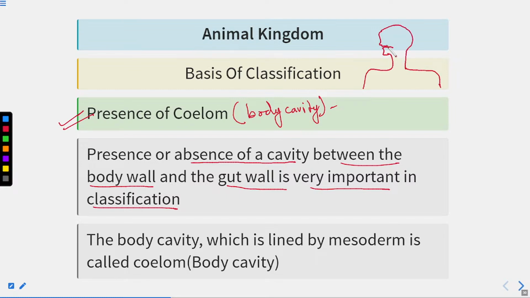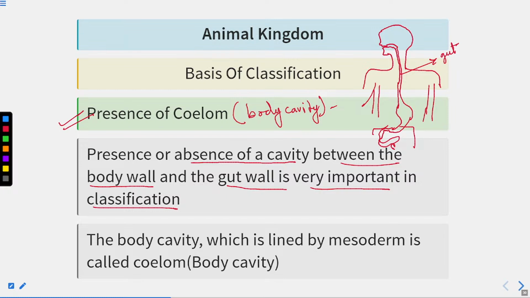This is the pharynx or esophagus. This is the stomach, right? And then comes the small intestine and large intestine, like this. So this is the gut wall, and they have a body wall also. Suppose this is the body wall.